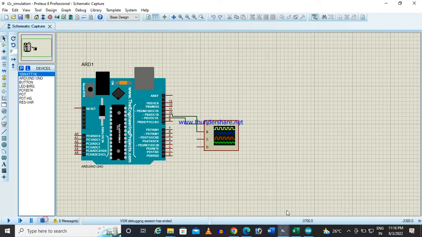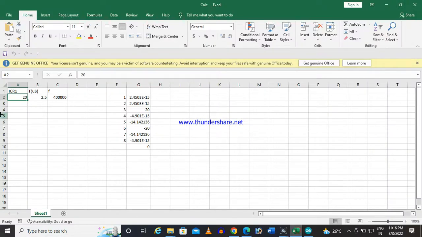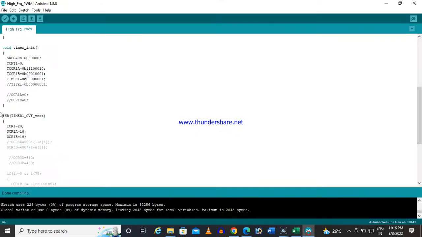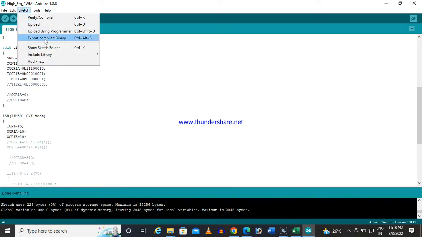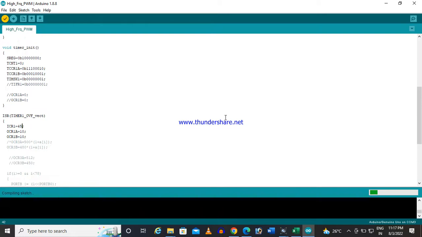Let us change the value. Arbitrarily take 45. That should give around 178 kilohertz, with a time period of 5.6 microseconds. So I will change it to 45.